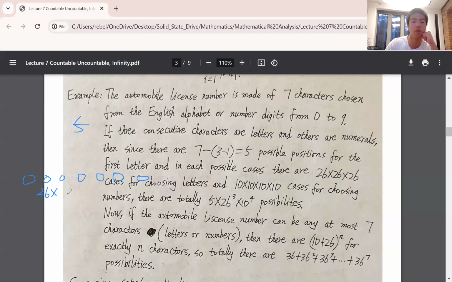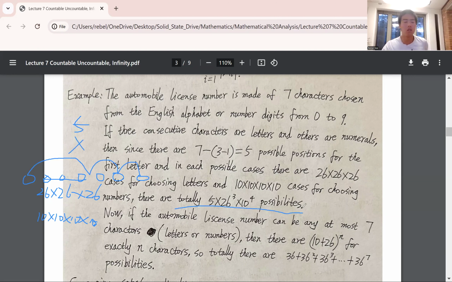So the second has 26, the third has 26, and for the numbers, it's just 10, 10, 10, 10. There are 4 positions for the number, 3 letters, 4 numbers, and we multiply all 7 of them together to get the total number of possibilities. And this is our result.